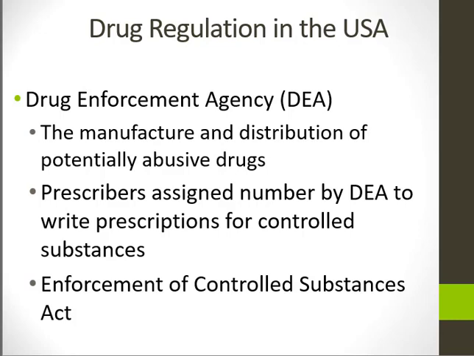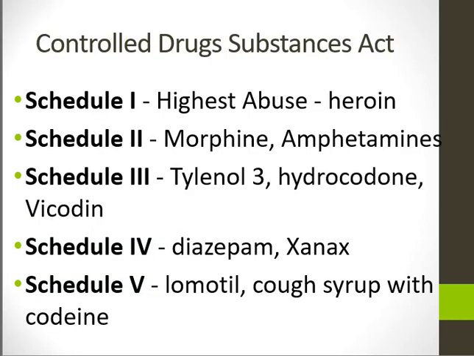It sets current requirements for writing prescriptions. So prescribers of drugs that have the potential for abuse have an assigned DEA number if they need to write prescriptions for controlled substances. The DEA also enforces the Controlled Substances Act.